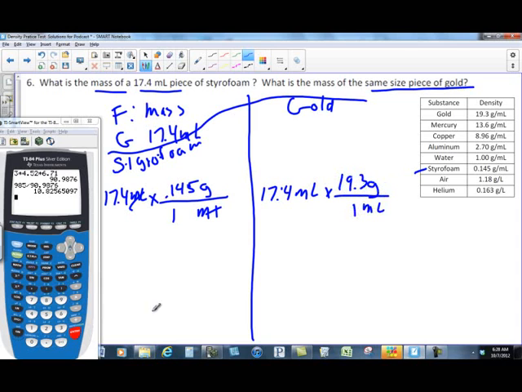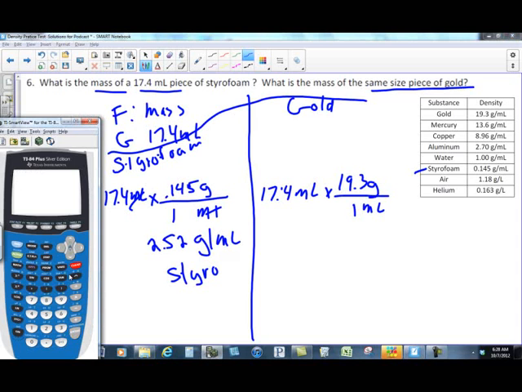Alright, so let's punch both of these. I get 17.4 times 0.145, and looking like I want 3 sig figs, so it's going to be 2.52 grams of styrofoam. I'll just call it styro.